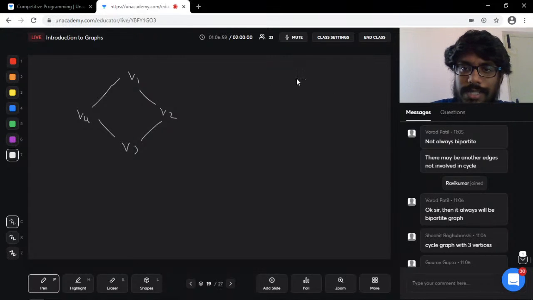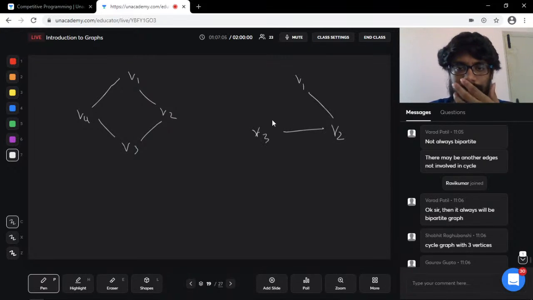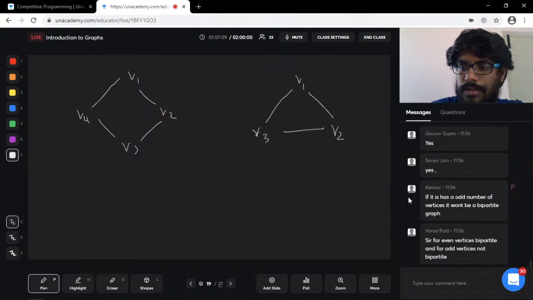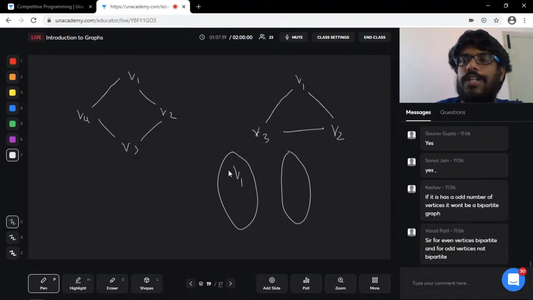In particular, just take the cycle graph with 3 vertices. Say V1 is in this. I need to partition it into 2 sides. And say I put V1 here.